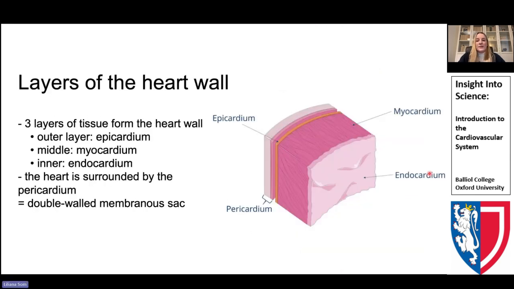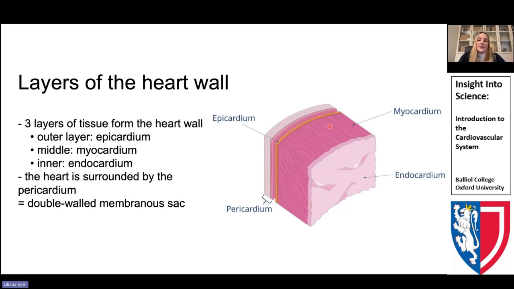So the heart, to have this massive force to be able to pump the blood, needs to have a very thick wall that is composed of 3 distinct different layers. Looking from the outside of the heart in, the outer layer is called the epicardium.